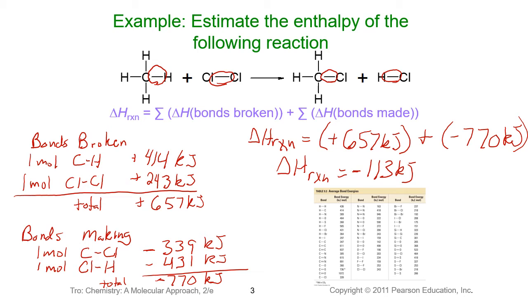So this would be an exothermic reaction, giving off 113 kilojoules of heat. Now, it is possible that if you want to, you can break every bond and form every bond, and you'll end up with the same answer. It just is a little bit more math for you.